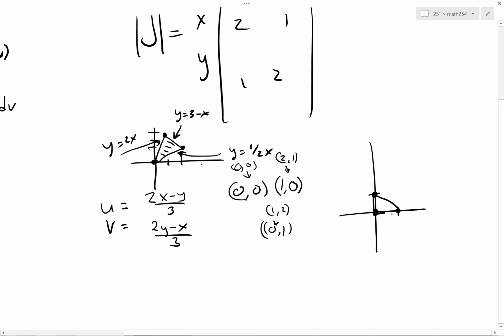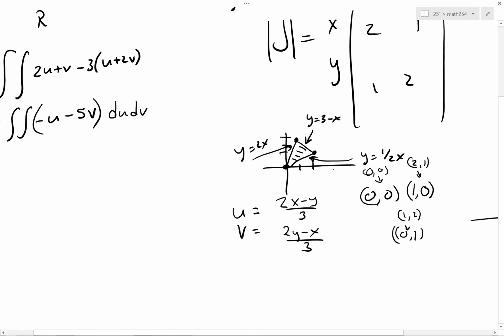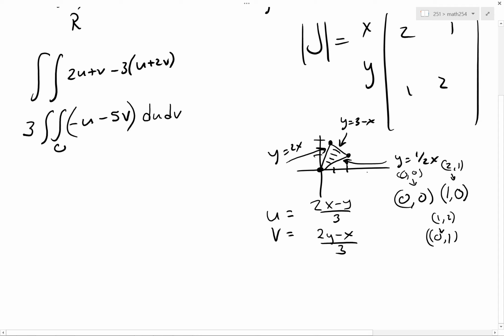And this triangle can be done in one piece. Let's call this v and this u. This is going to be v equals 1 minus u, and u is allowed to go from 0 to 1. So over here, we're going to go 0, 1 minus u, and then 0 to 1.